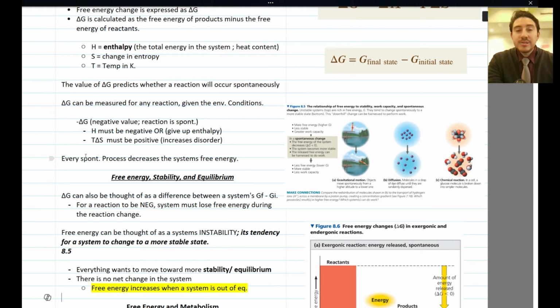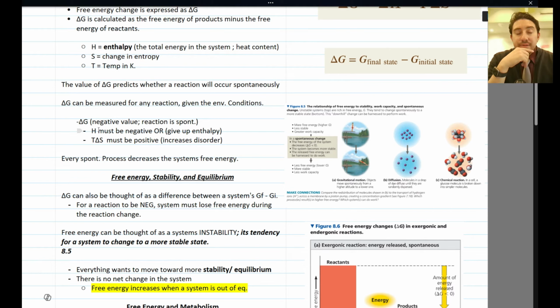It can be measured for any reaction under specific environmental conditions, with pressure and temperature and whatnot. So delta G is generally negative for reactions that are spontaneous.